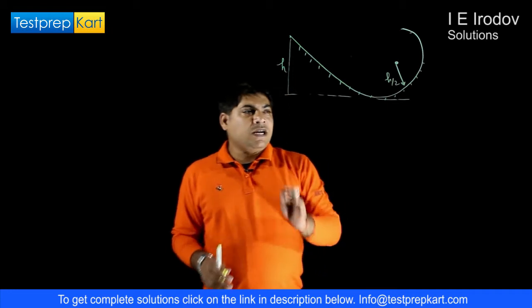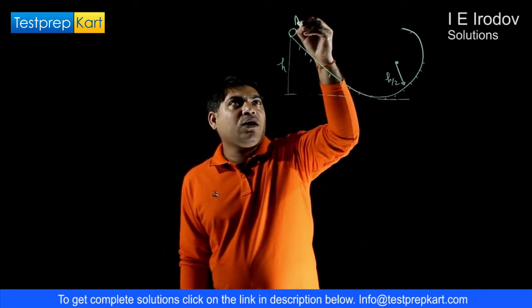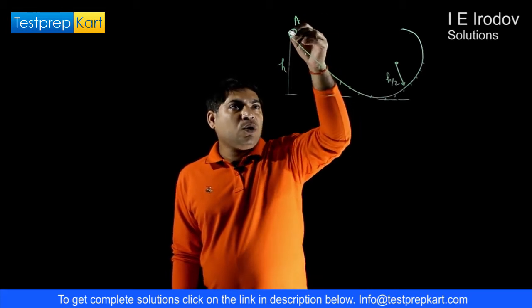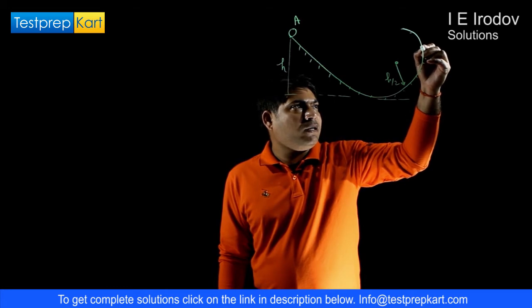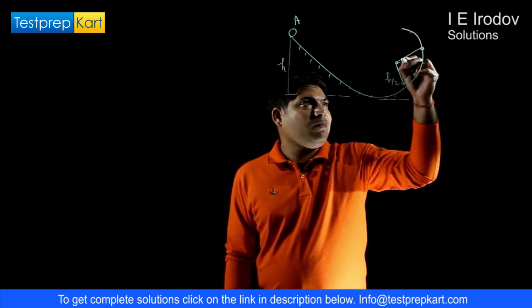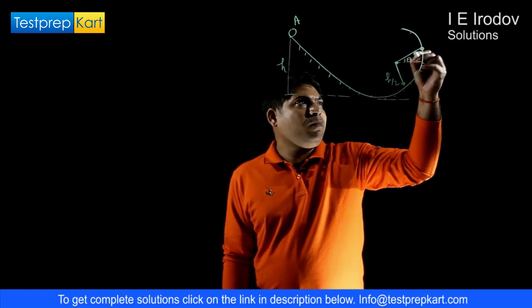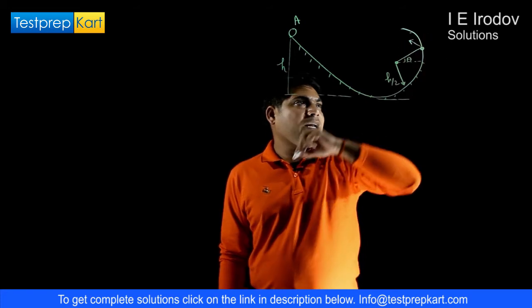So let's assume that when this object A of mass m rolls down from this height and reaches this point, which makes an angle theta with the horizontal, it breaks the contact at this angle.